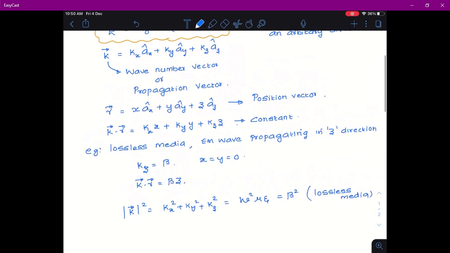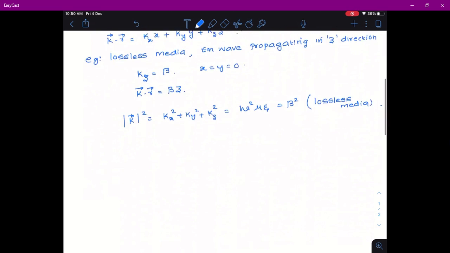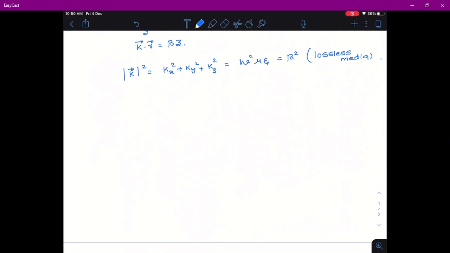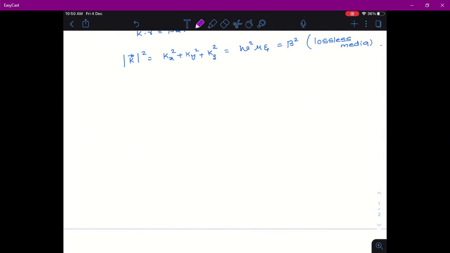Fine. So this is the general form, and we are going to look at a wave incident on a boundary obliquely and find out what is the relation between the electric and magnetic fields in the two media. So before going into specifics, let us look at the following. Let us say there is a boundary here, and this is the z direction.